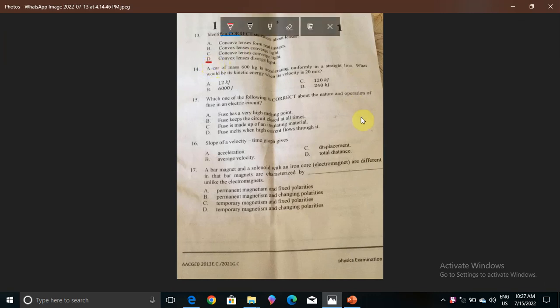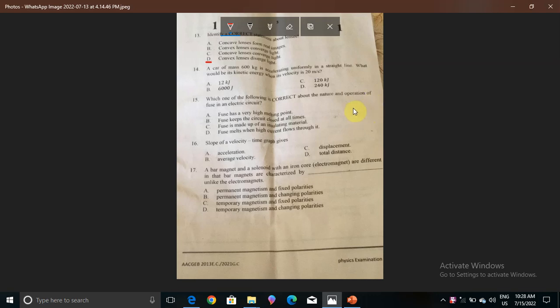Now question number 14, it says a car of mass 600 kg is accelerating uniformly in a straight line. What would be its kinetic energy when its velocity is 20 meters per second?